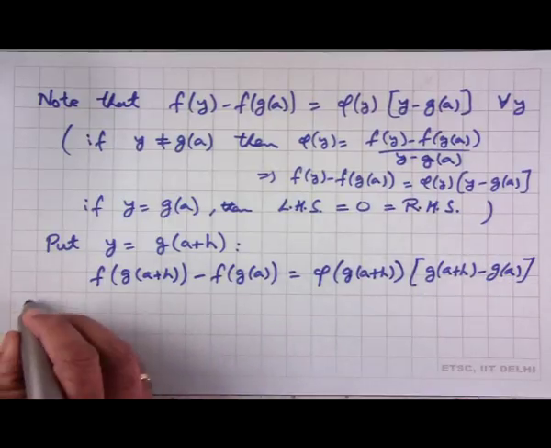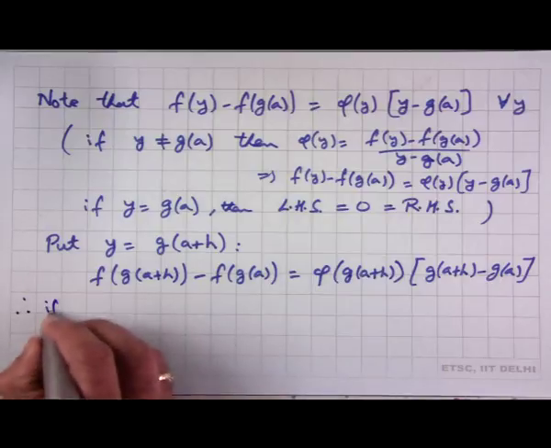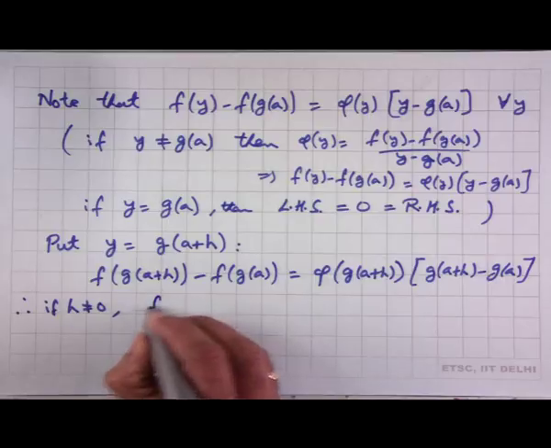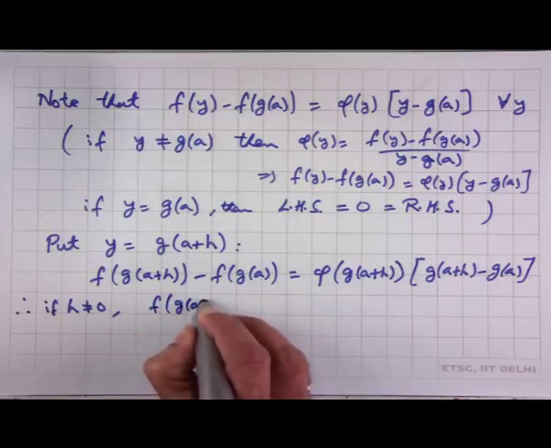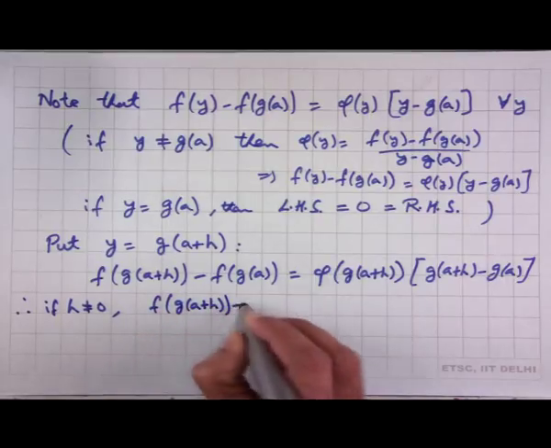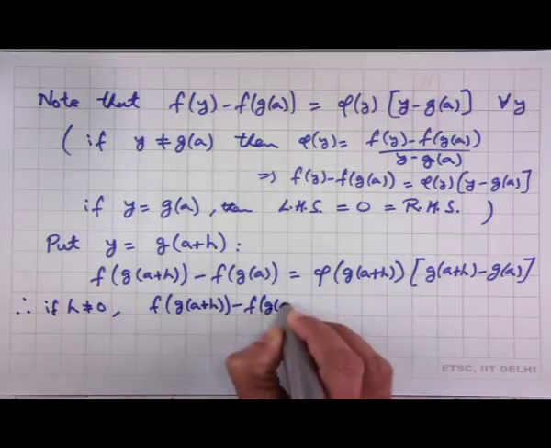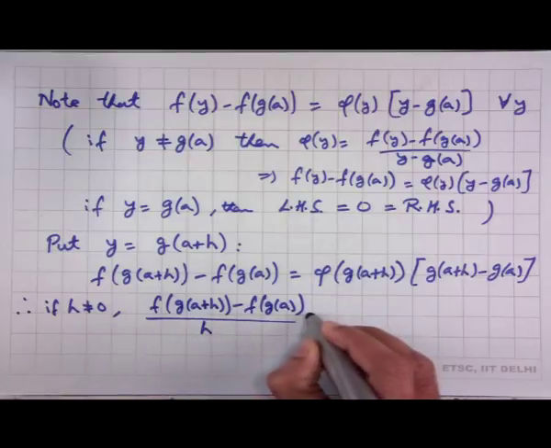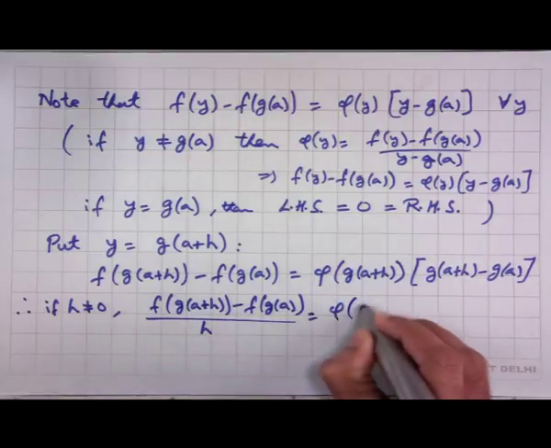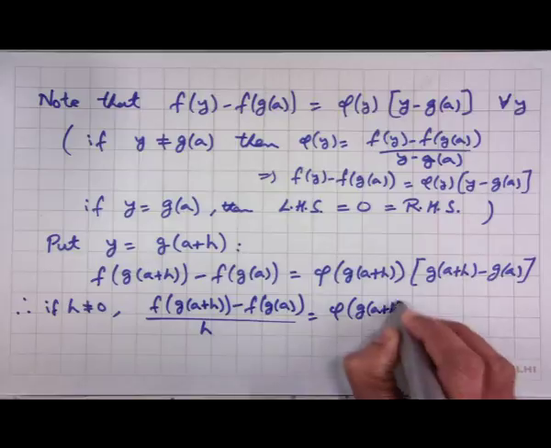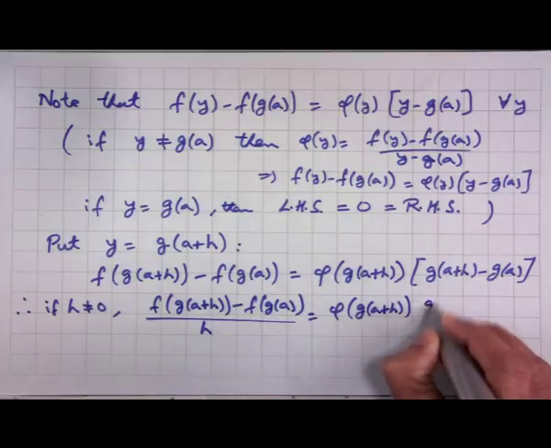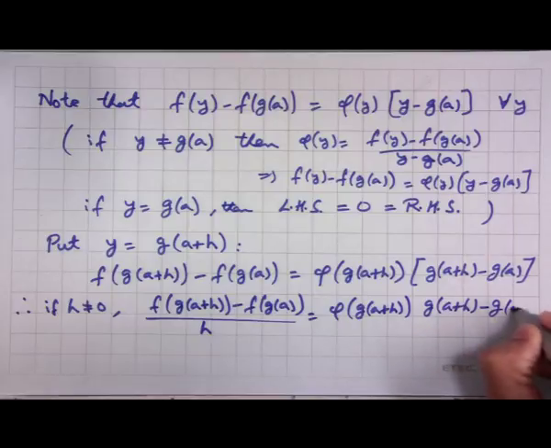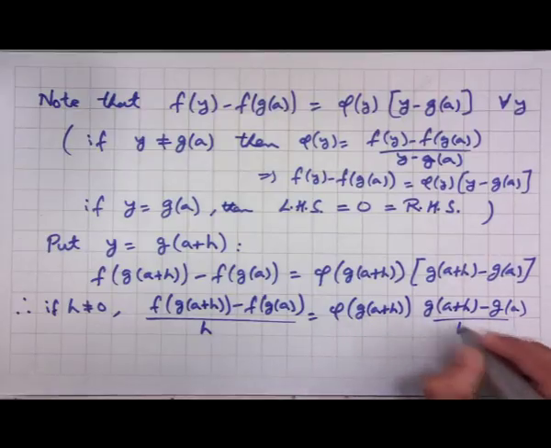So, therefore, if h is non-zero, we can divide: [f(g(a+h)) - f(g(a))] divided by h is equal to phi of g(a+h) times [g(a+h) - g(a)] divided by h.